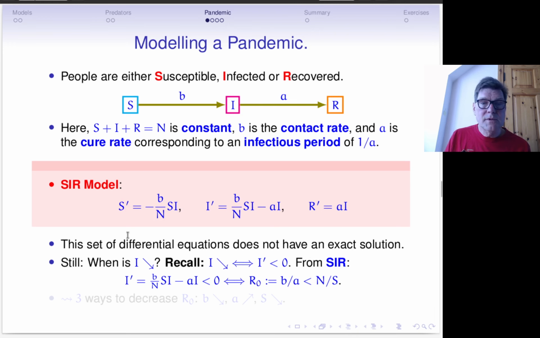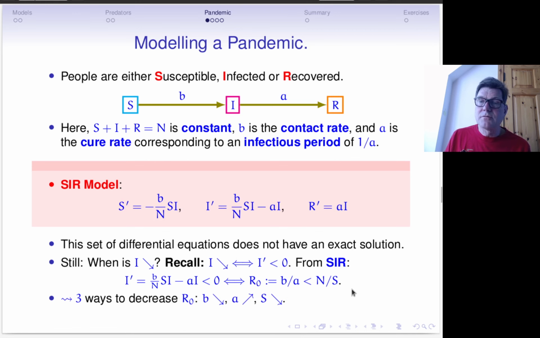That's a conclusion which here can be drawn from this simple model by just looking at the differential equations and using basic calculus properties of the quantities involved.